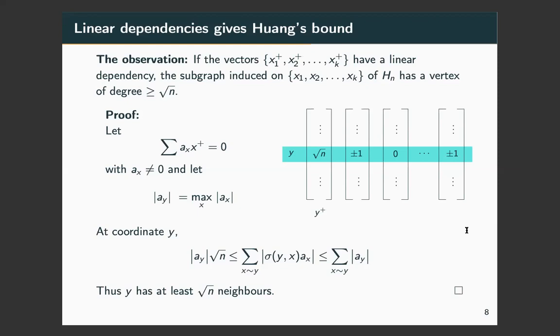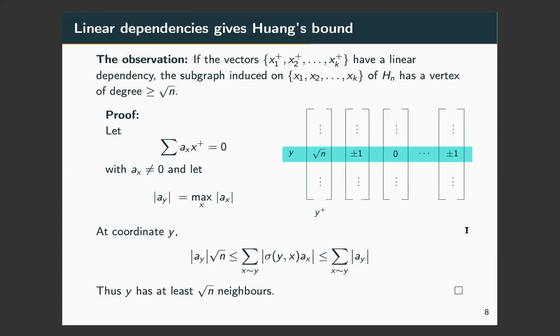So we have that ay times square root n is equal to the sum over all neighbors of y of sigma xy times the coefficient ax. When we take the magnitude, this becomes an inequality as the signs can be negative as well. Since ay is the coefficient with the maximum value, we get that this is at most the sum over neighbors of y of the magnitude of ay. Thus, y has at least square root n neighbors.